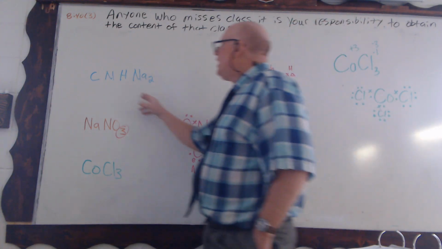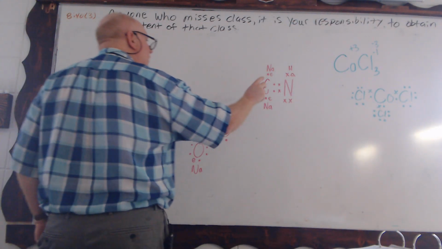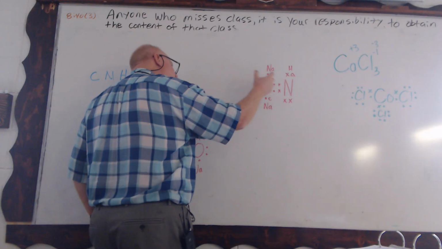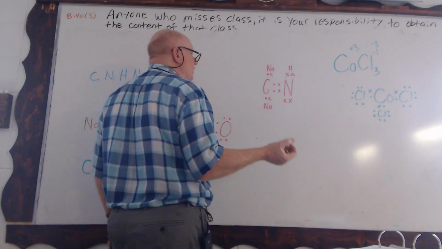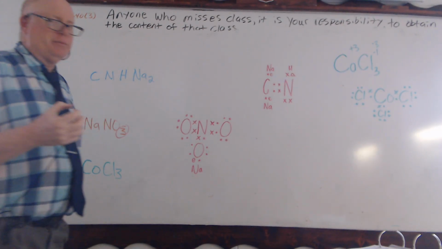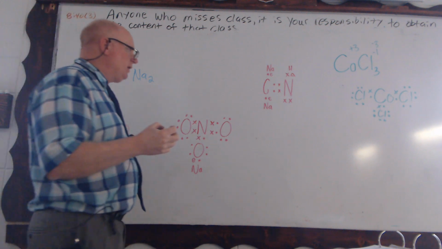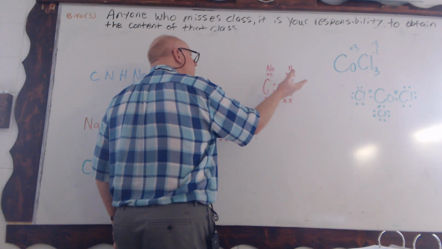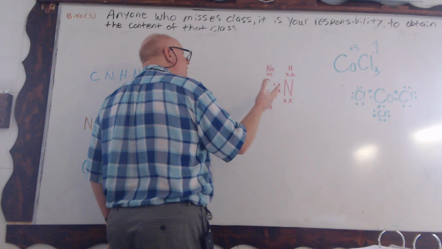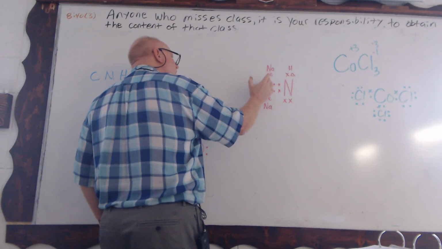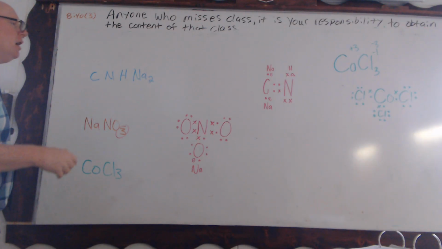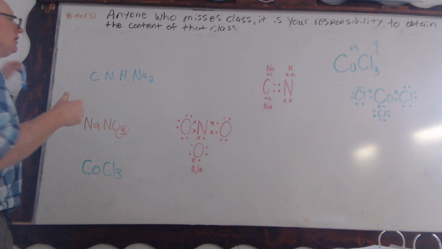Then this top compound here, typically you want to start with carbon if it's present, or if it's not there, then nitrogen, because you want to start with the atom that forms the most bonds, and that would be the case here, that carbon does that. And if you went through a process, you might try to single bond that, but you're just going to run out of space because it just can't do that.